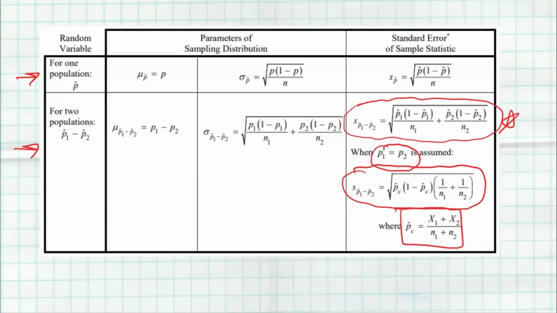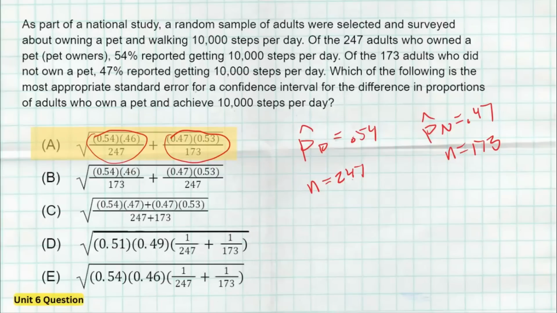That would be putting all of the people together, regardless of whether you own pets or not. So if this was for a test, we'd be using this answer right here, D, where we combine them together to get our combined proportion of 51%, and the opposite, 0.49. But again, that's for a test. So you have to be really careful, knowing that I'm using this to create a confidence interval. The standard error for a confidence interval uses the formula for A. All right, hopefully that makes sense as well.